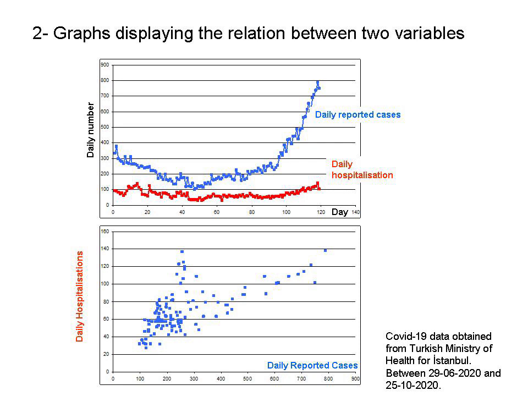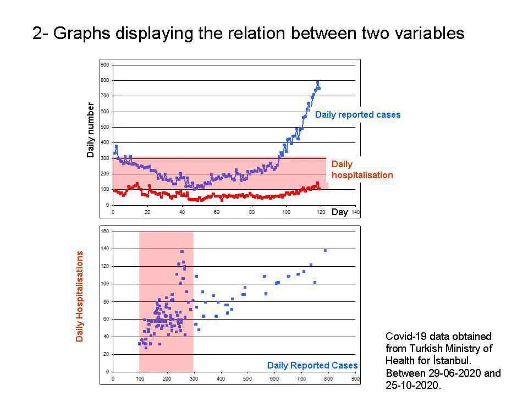However, if we look a little bit closer, for example, when we look at the daily reported cases between 100 and 300, so I shaded it in pink for both graphs, you see that that part of the graph below has larger values for the Y, daily hospitalization.